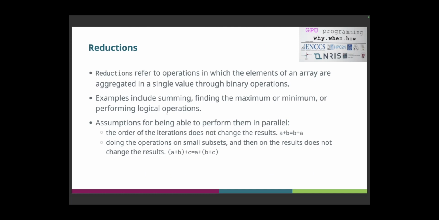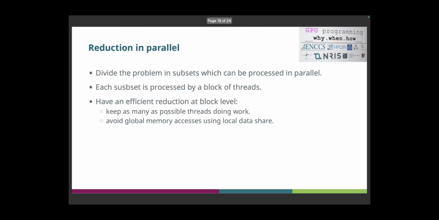So we need to have this kind of associativity. It should give us the same result if we first do a plus b and then add c, or if we first do b plus c and then add a. I think in all the examples that we see here on the slide, this happens. So up to the machine precision, these conditions are fulfilled. Then we can do this in parallel.